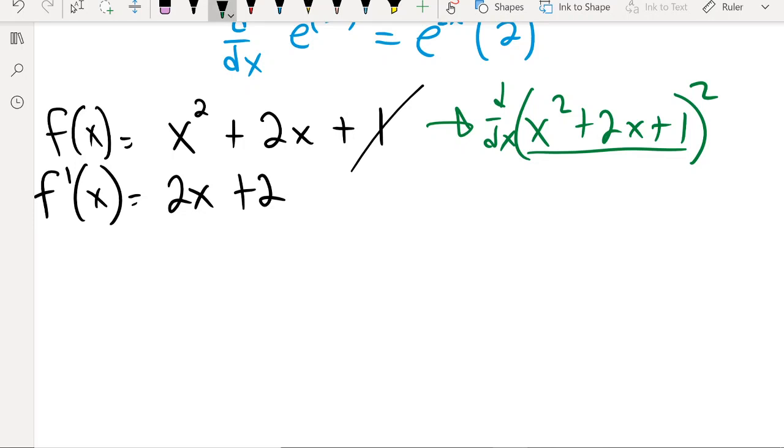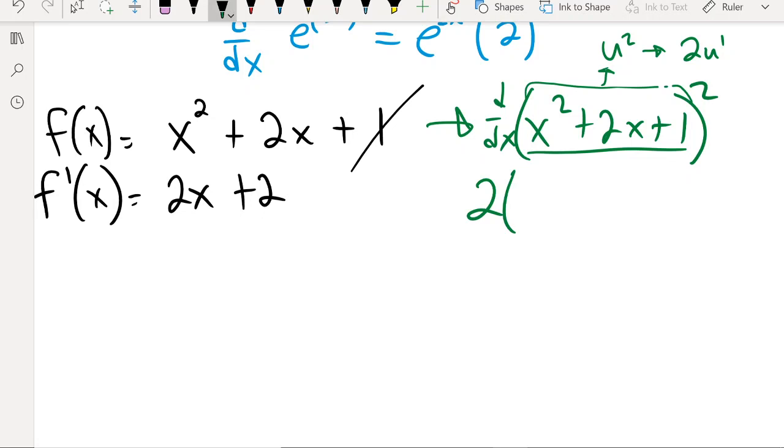So if we have x squared plus 2x plus 1 quantity squared, I'm going to take the 2 out front, as if this were all like x squared. Let's do it like a u substitution here. If this was all u, then it would be 2u to the first power. So this is going to be the same exact thing.